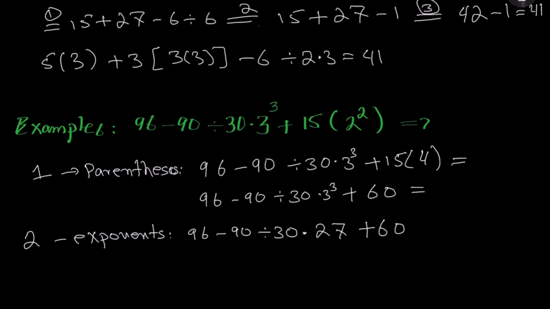Okay, so we got a simple four-operation equation. We don't have parentheses, we don't have exponents. Now let's see what we can do first. We always do the multiplication first.